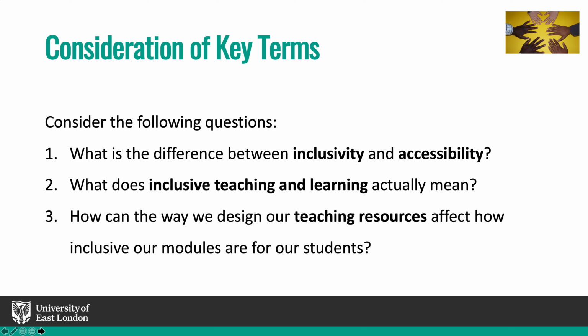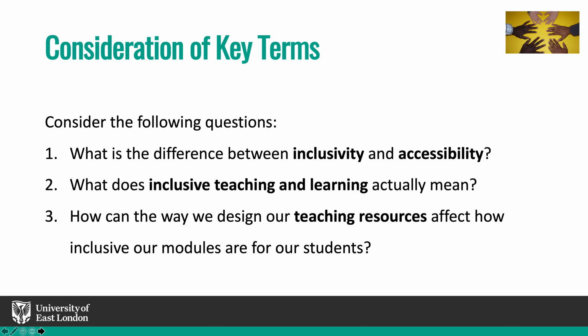And the third question, how can the way we design our teaching resources affect how inclusive our modules are for our students? Well, what you'll find is the simple steps that I'm going to show you mean that you pretty much address most learning needs and preferences if you follow these steps in the way you design your resources.